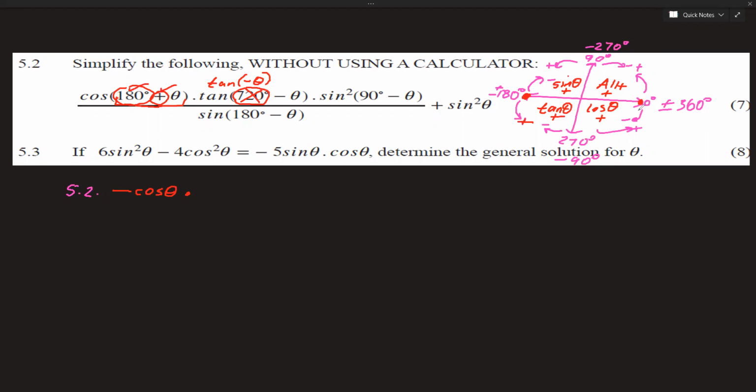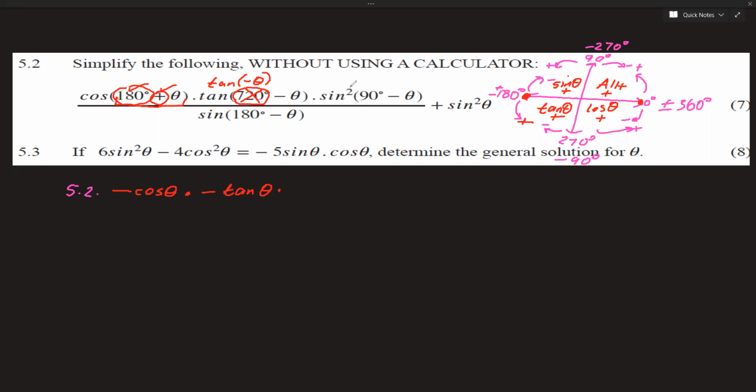So I have negative theta. Negative theta will be in this quadrant because negative we go down. Do you see it? So we're in the fourth quadrant, and in the fourth quadrant, tan is negative. So I'm going to have negative tan theta.